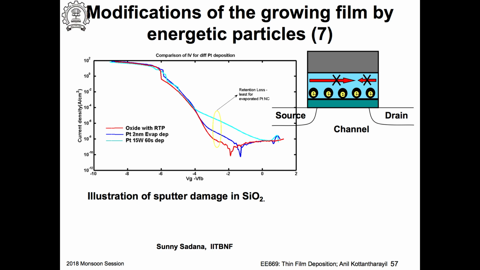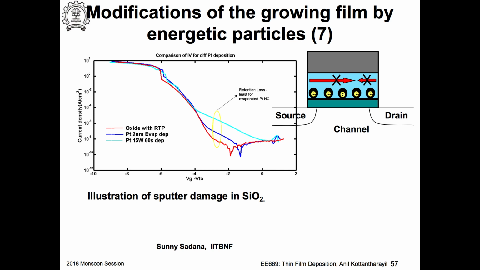But in this case, if the defect is here, the charge here will not leak out, because this is not continuous. There is an insulator in between. So these kinds of memory devices are expected to hold the information for a longer time, and I can actually reduce the thickness of the gate dielectric. So this is the idea.